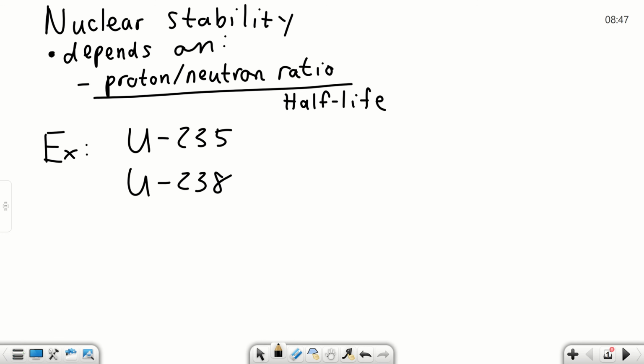I might have them backwards, but let's say U-238 can last 1 million years. In other words, it takes 1 million years for half of the substance to decay, which means it's very stable. But U-235 is going to decay in 50 minutes. That's a pretty significant difference between the two.